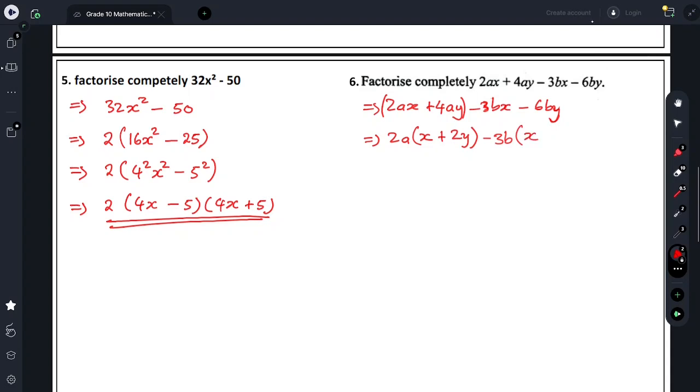Then here also you are going to remain with positive 2y. So just to confirm, if you multiply negative 3b times x, it will give you negative 3bx. Again, if you multiply negative 3b times positive 2y, it will give you negative 6by.